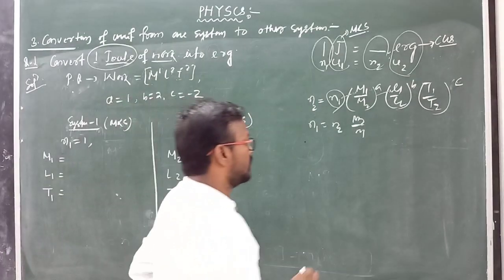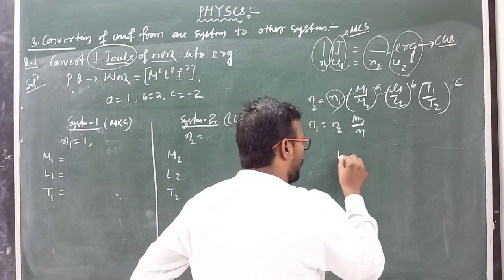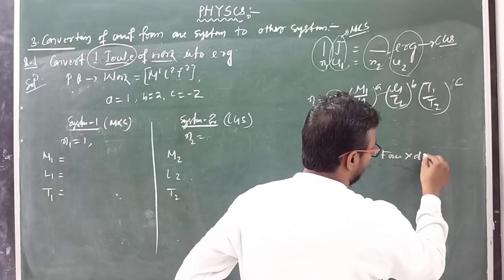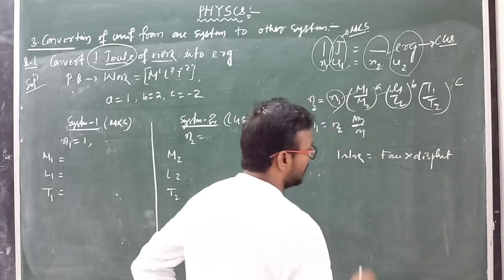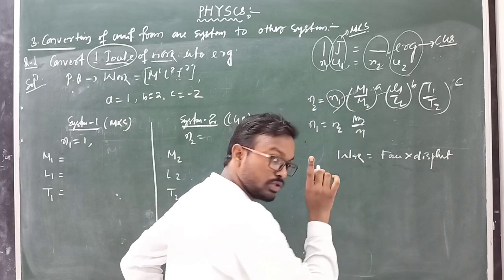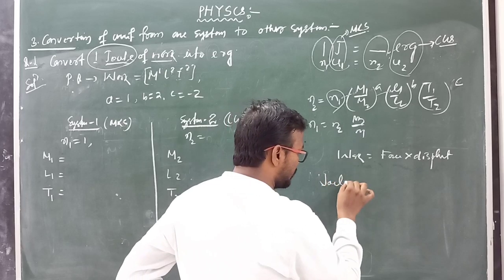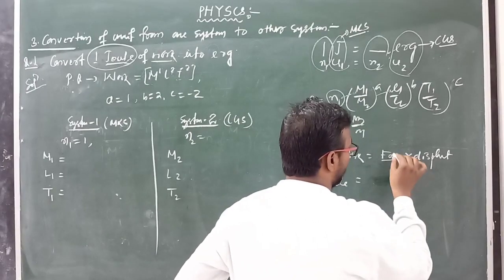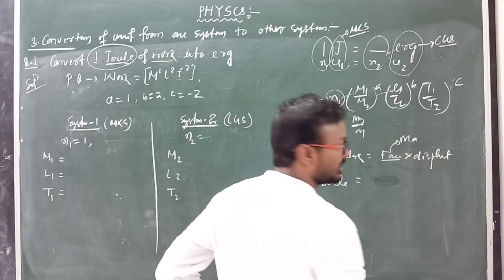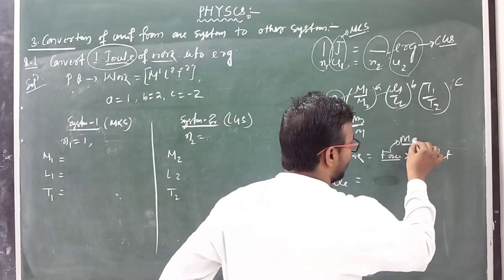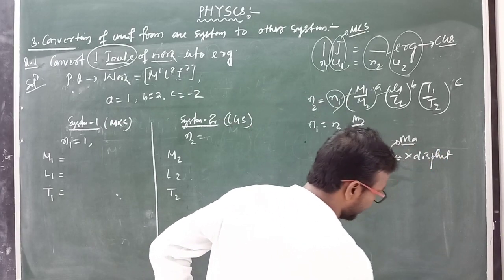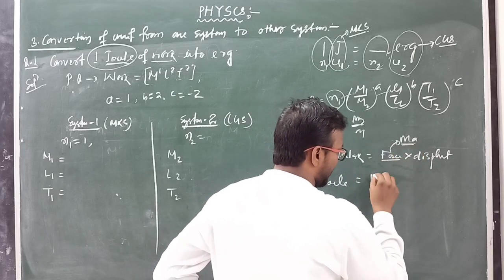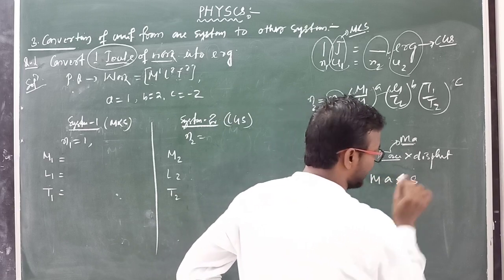Okay, now come to the concept here. Work is equal to force into displacement, clear? We have to find the unit of work, which is equal to joule. So we can write joule equal to Newton, or Newton means force equal to mass into acceleration. So work is mass into acceleration into displacement s.